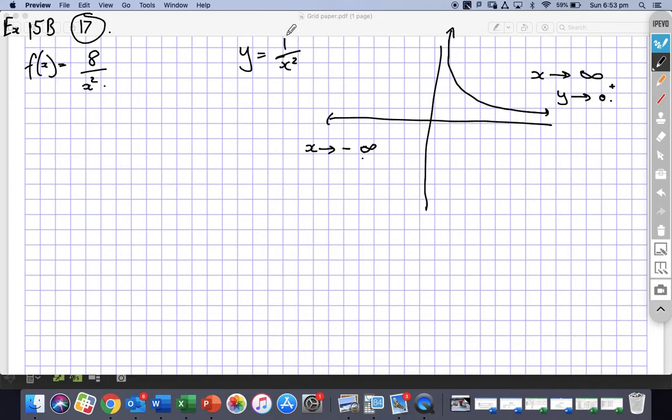It'll be 1 minus a very big number, which will give me a very small number. And I'll get this shape like that, which I've drawn terribly, I'm sorry. So the y will approach 0, but it will approach from above again, because you can't have negative values. That's supposed to look symmetrical. It's just sketching.